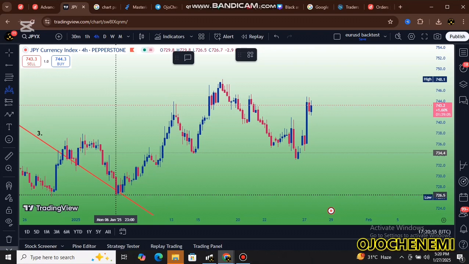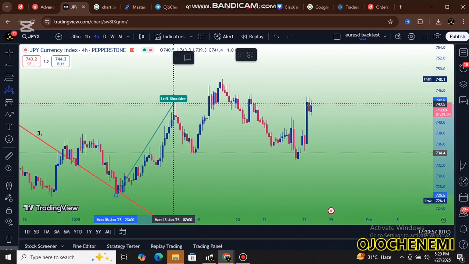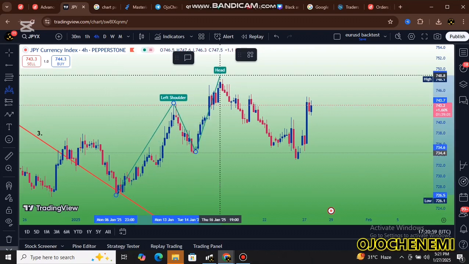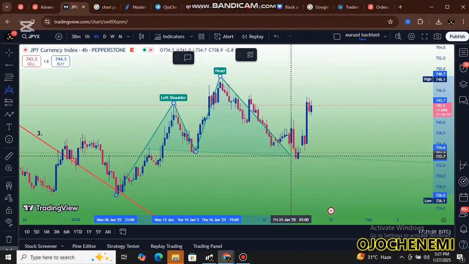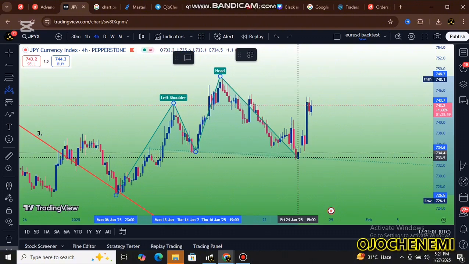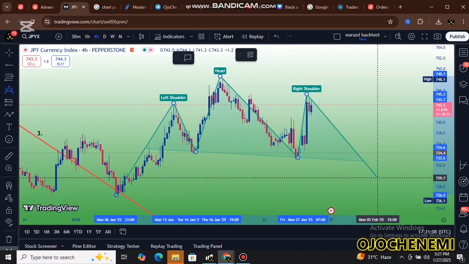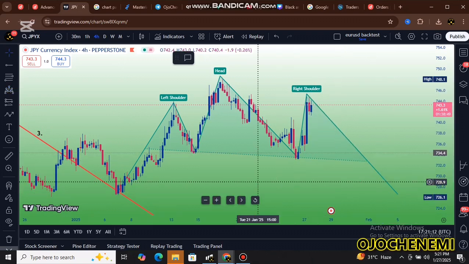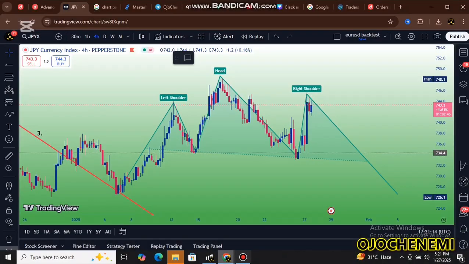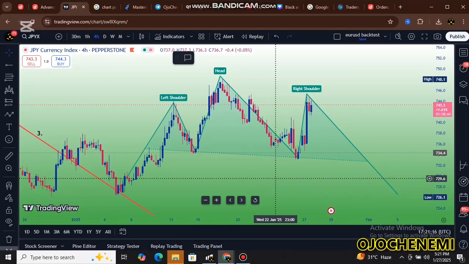So this is the left shoulder, this is the head, and this should be the right shoulder. Here we can see that clearly.